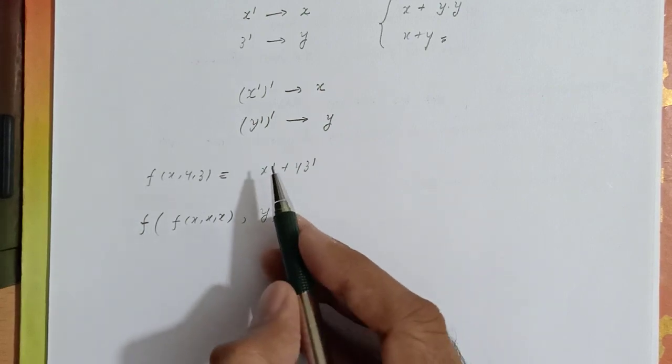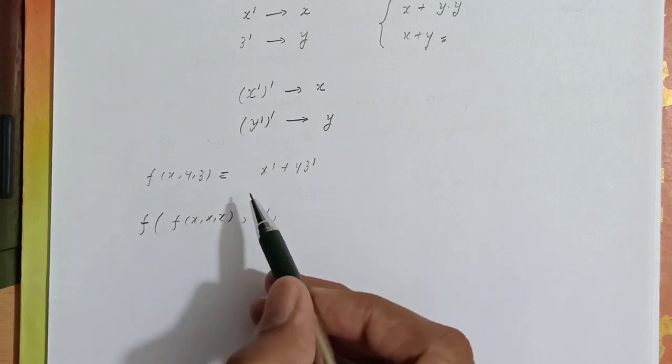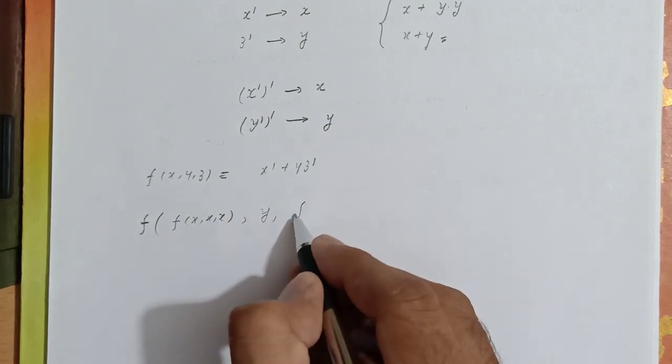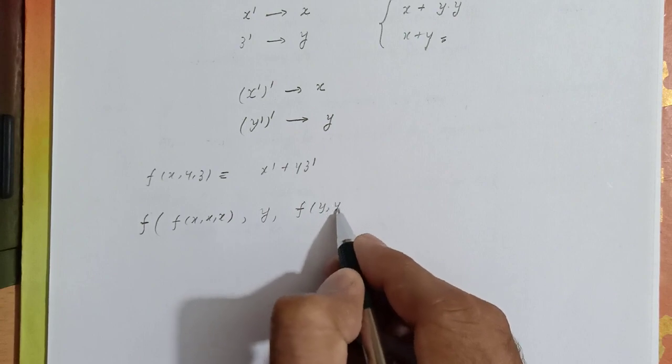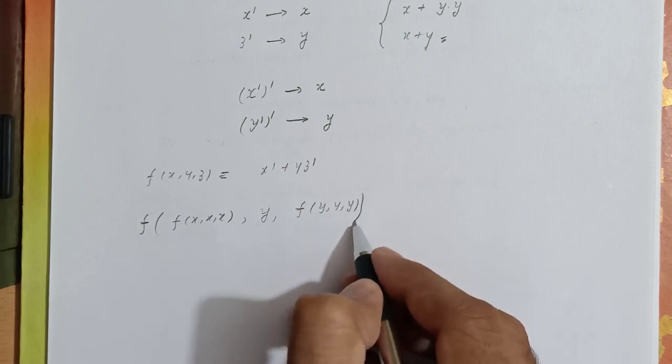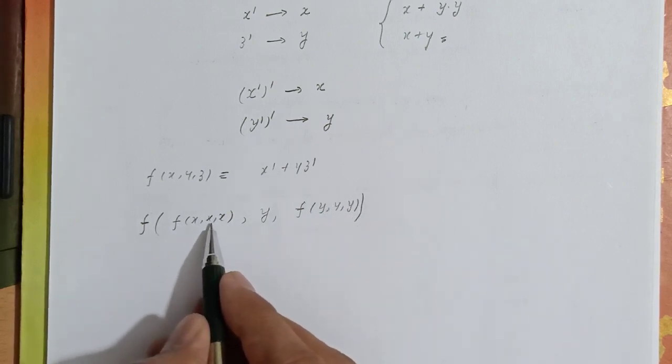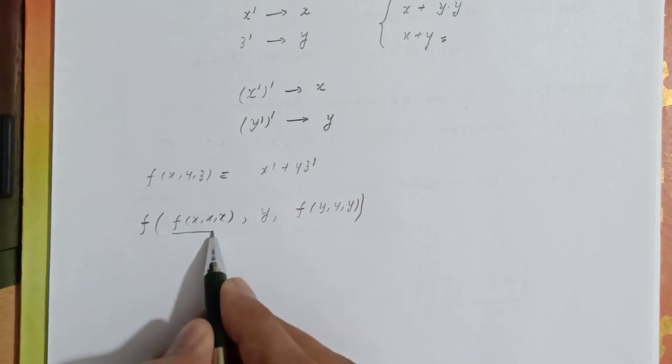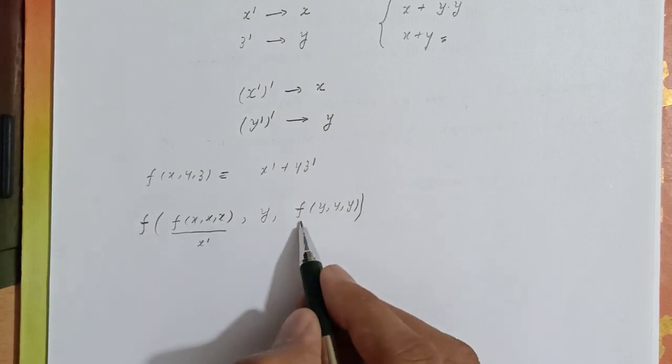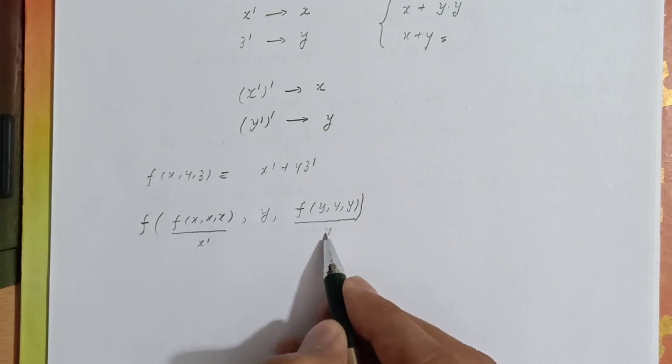In place of z, what we have to obtain? y dash. So we will calculate f of y, y and y. So f of x, x, x is nothing but x dash, and similarly this is nothing but y dash.